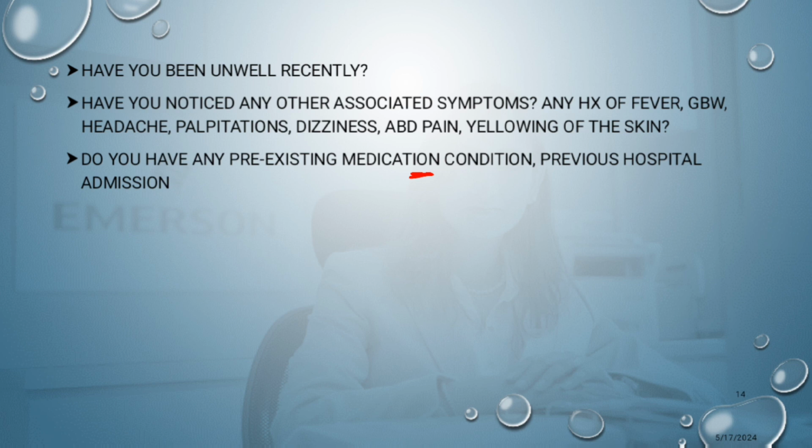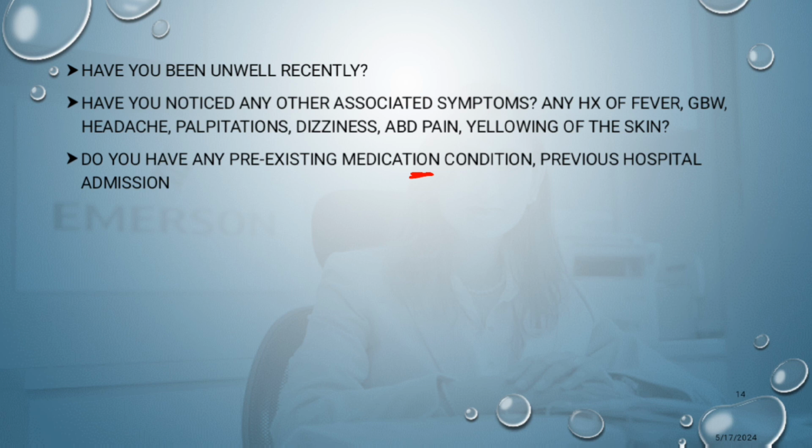Then you ask the patient, do you have any pre-existing medical conditions? Any previous hospital admissions? But for jaundice, you can ask if they have any pancreatic conditions, any pancreatitis, any pancreatic cancer, or hemochromatosis. Those are some of the questions you ask under pre-existing medical conditions.